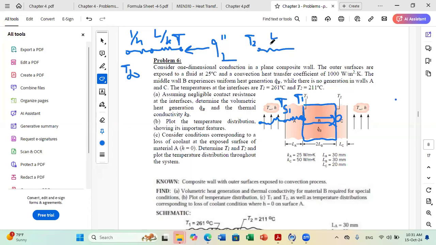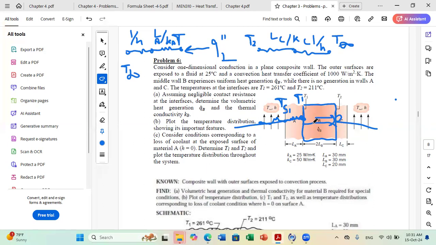Okay, so you have LC over KC, and here it was LA over KA, and until T infinity you have 1 over H. So you can draw thermal circuits of resistances in material A and material C, but not in material B.